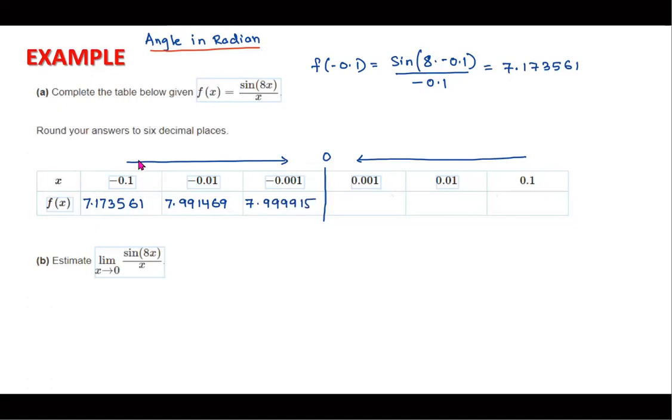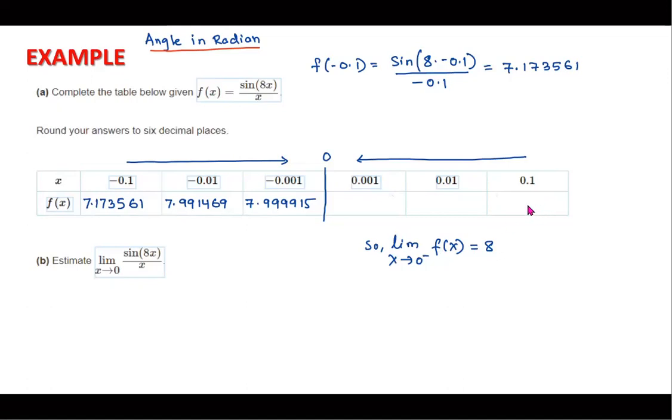So clearly, when x approaches 0 from the left, the values of the function are increasing and approaching closer and closer to 8. So we can say that the limit as x approaches 0 from the left of the given function is 8. From the left side, the limit is 8.